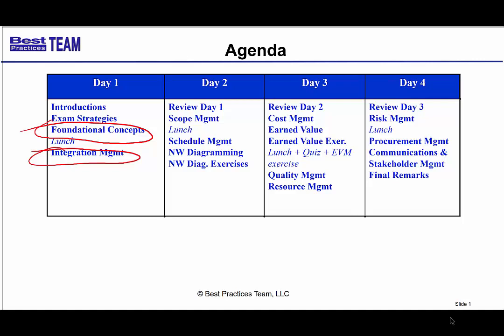Once you get through everything, then there are some mock tests, some final mock tests of 50 questions each. And the questions on these mock tests cover all the materials in the class. So questions can come from any one of the knowledge areas or any of the other sections like earned value, network diagramming, and such.